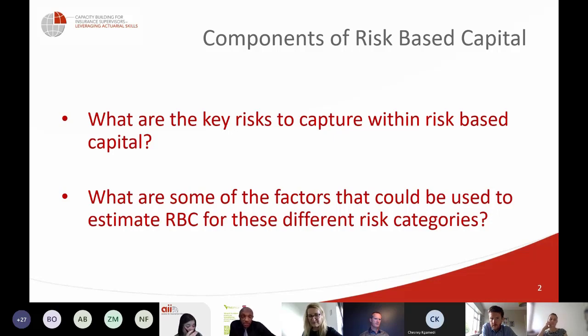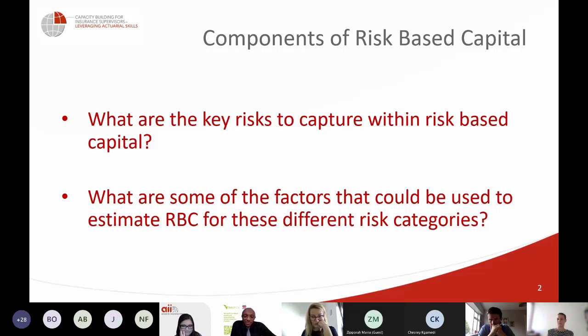One of the key things that it will be important to bring out is that risk-based capital mentions the minimum number of risks that a risk-based capital model should be able to take into consideration. You'll find that some jurisdictions might have more risks than the 4 that we always talk about. Some might even break them further into sub-risks.